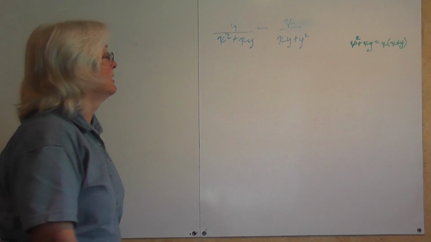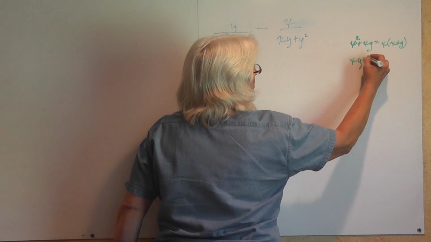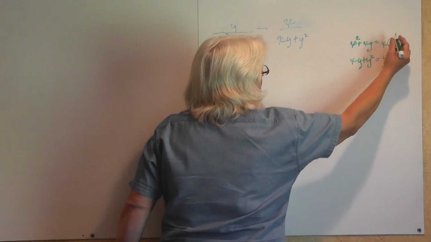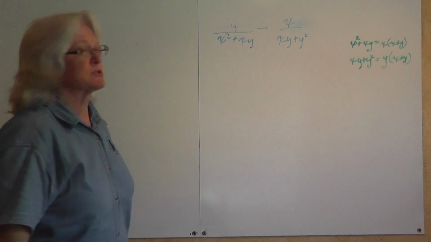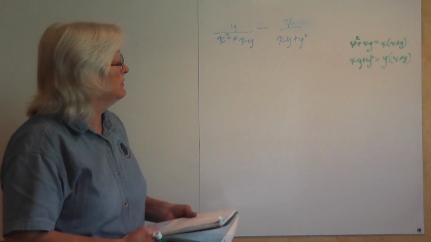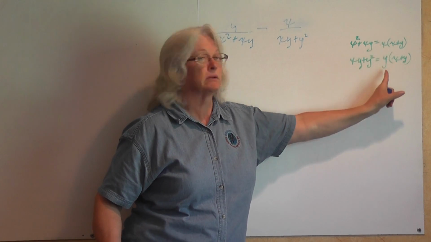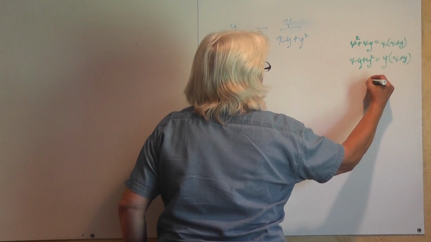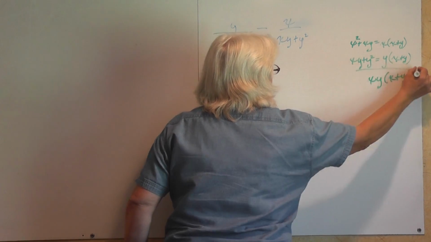Everyone see that? xy plus y squared is equal to y times x plus y. Okay, so what do we have for our common denominator? Well, we have x plus y, x, and y. We have 3 separate factors. So our common denominator is going to be xy times the quantity x plus y.